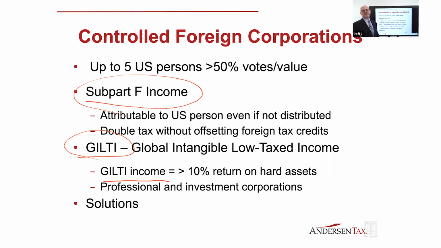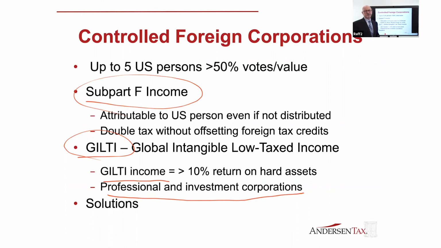Now, the issue typically isn't because you own an ice rink. It's usually because you don't have much of any assets, and I'm talking about us here, right? Incorporated professionals, investment companies. Incorporated professionals, you've got some computers, some desks, some chairs, and tables.